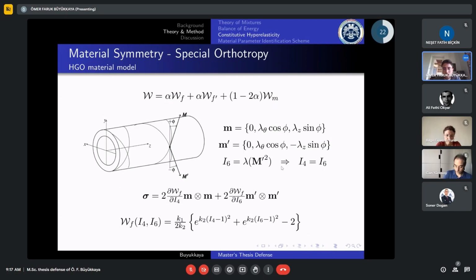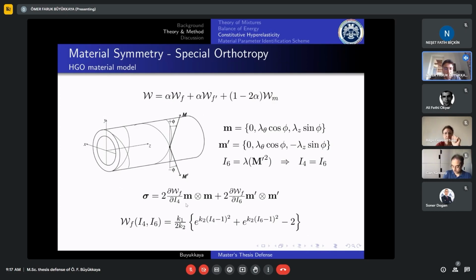This difference will vanish, and it will be a similar expression for the stress components. By the way, this second family of fibers is perfectly symmetrical to the first one, and they are also wrapped around the cylinder embedded within the metric space.